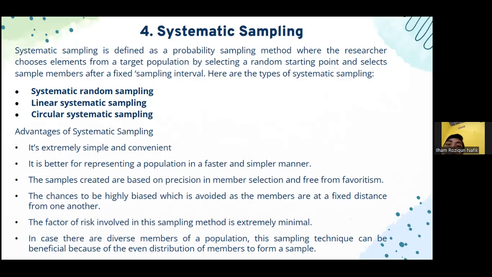And fourth, the chance to be highly biased is avoided as the members are at a fixed distance from one another, and the factor of risk involved in this sampling method is extremely minimal. And the last, in case there are diverse members of a population, this sampling technique can be beneficial because of the even distribution of members to form a sample.